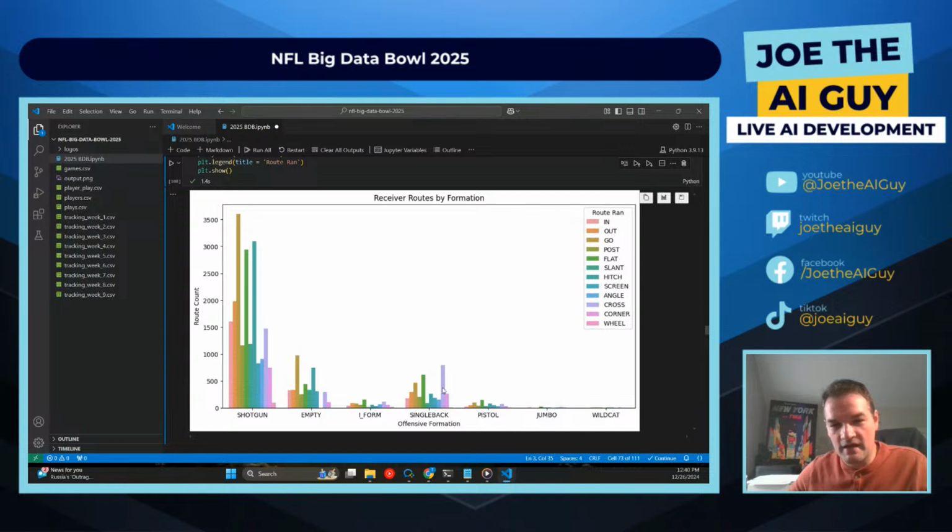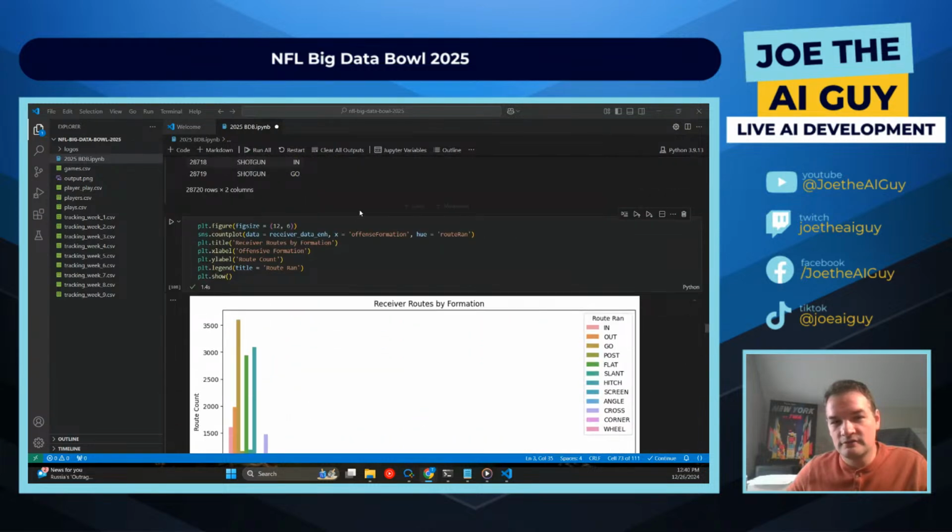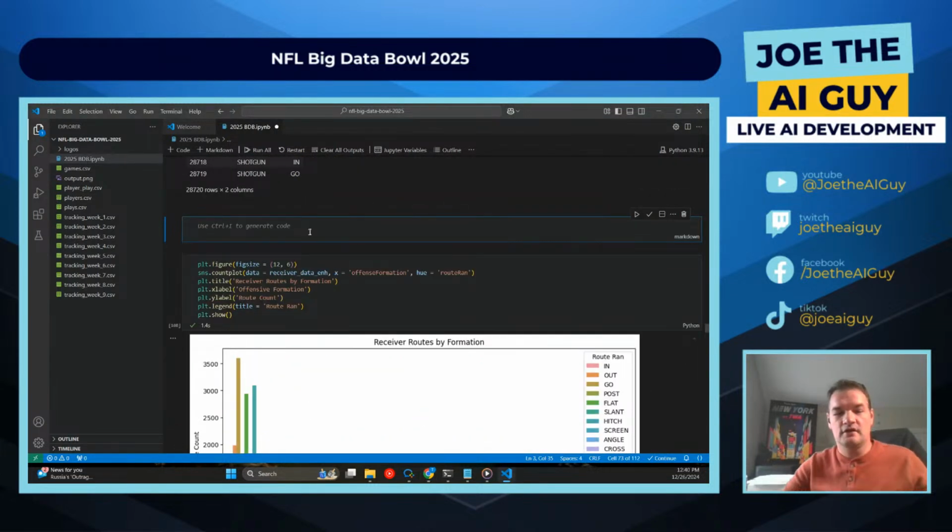Similar here for single back, but a little more of this. It looks like the cross route. So that doesn't particularly tell me much in terms of helping the model. Let's just call this visualization.